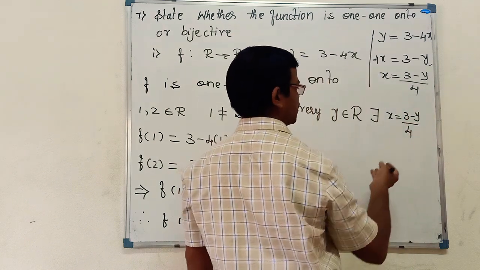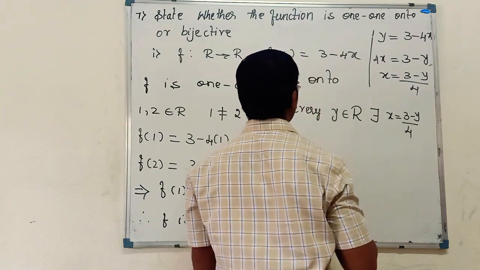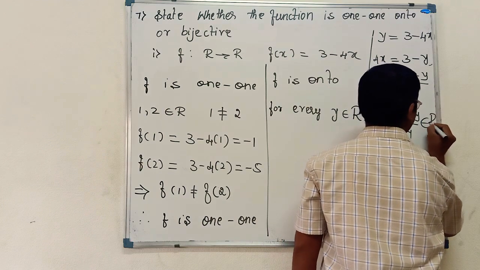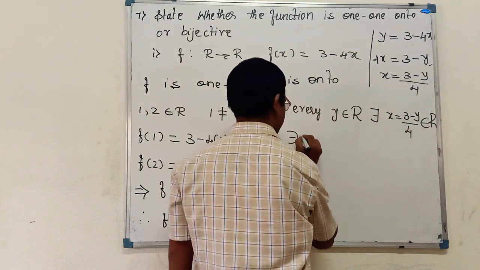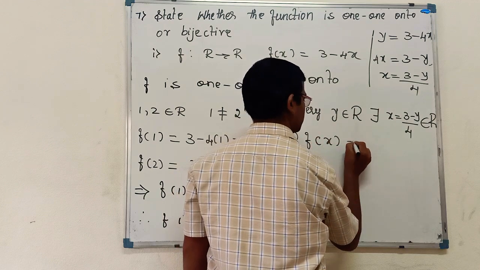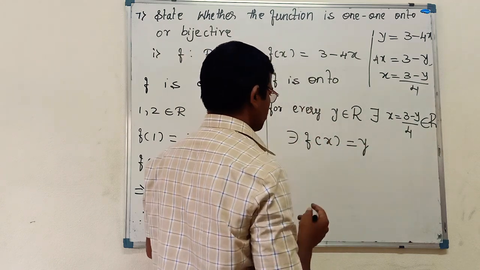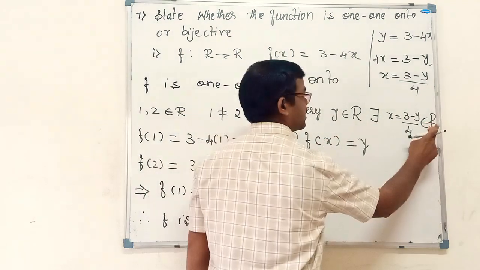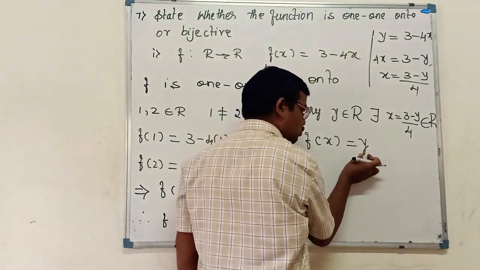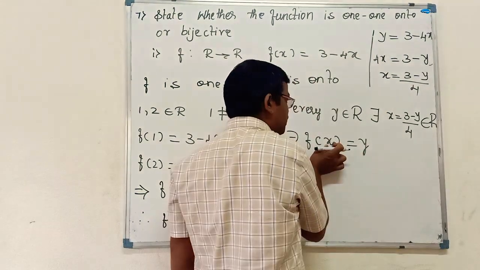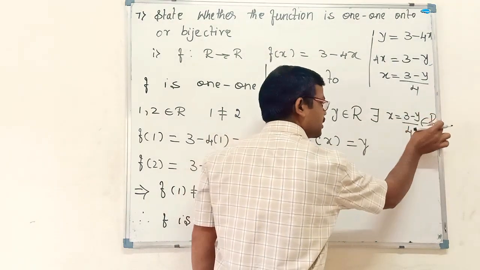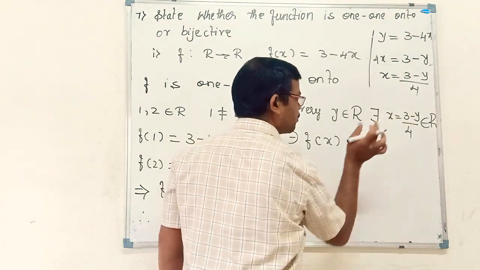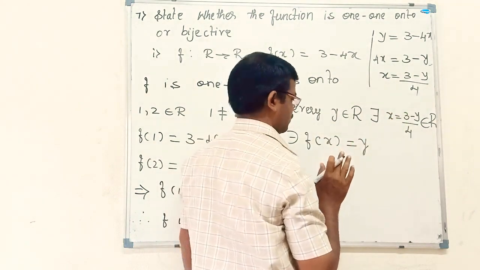So we have this rational number, and rational numbers always belong to the real numbers, such that f of x is equal to y. Therefore x is the pre-image of y, and that x is there in the domain. Means for every y we have a pre-image, and that pre-image is there in the domain. So then it is called onto. If it is not there in the domain, then it is not called an onto function.